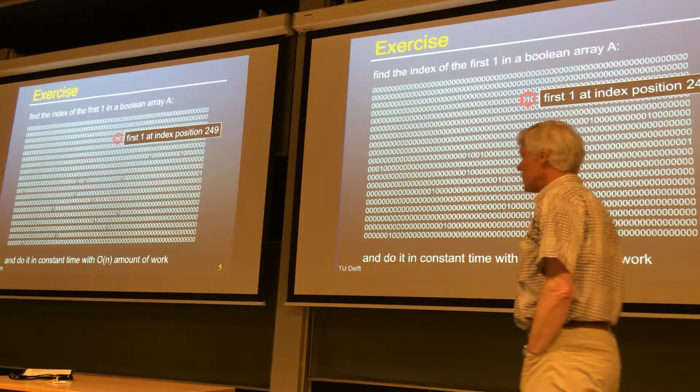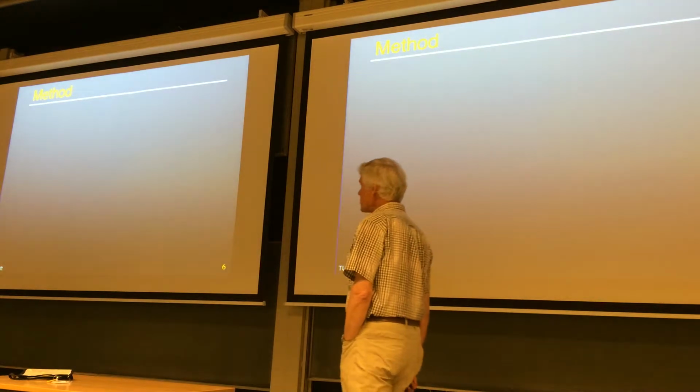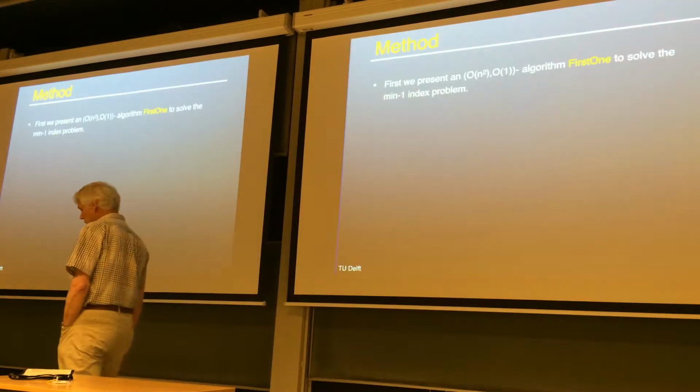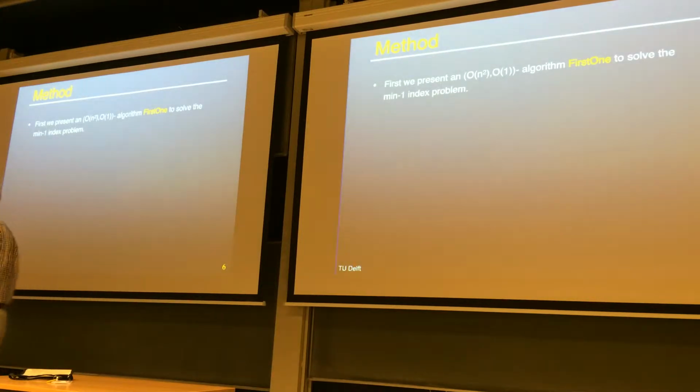That's the problem. Because it is not that difficult to find an algorithm that takes more work. That, for example, would cost you an n² amount of time when using a serial algorithm.